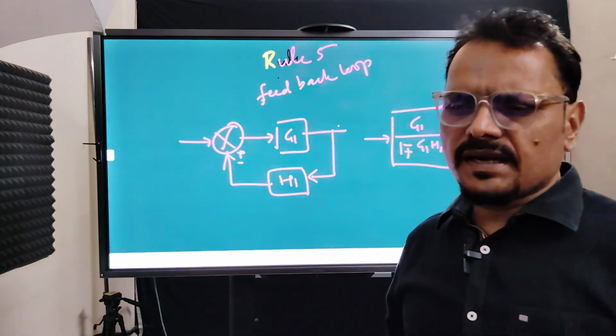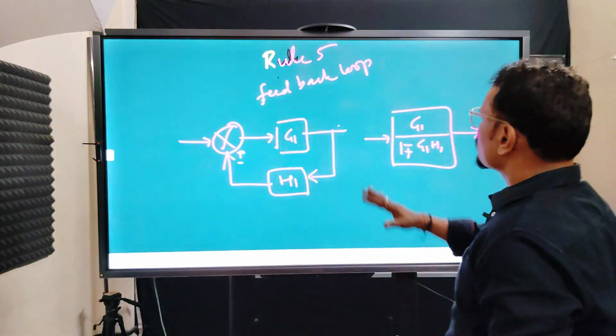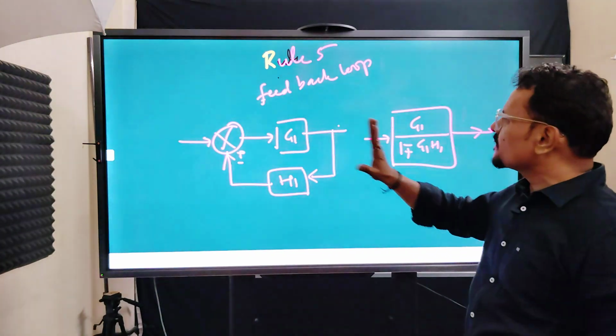For a particular sum we may apply fewer or multiple rules. Rule number 5 that we have seen is the feedback loop.